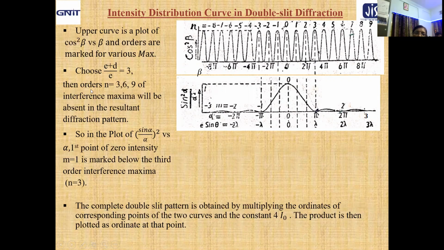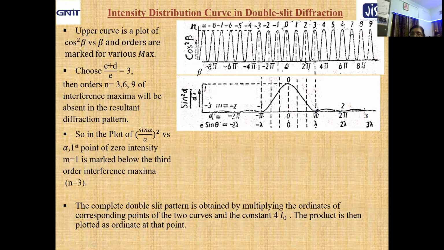Then already we have seen orders n equal to 3, 6, 9 of interference maxima will be absent in the resultant diffraction pattern. Naturally, in the plot of sine square alpha by alpha square versus alpha, first point of 0 intensity, that is n equal to 1, is marked below the third order interference maxima, that is n equal to 3. Just take a look.